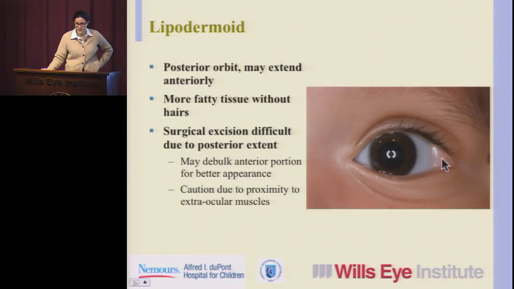Lipodermoids, here we see that right over here. They involve the posterior orbit primarily, but they may extend anteriorly. Again, you'll see fatty tissue, but without hairs. And surgical excision here is very difficult due to the posterior involvement. Sometimes for cosmetic purposes, you can just debulk what is visible anteriorly.